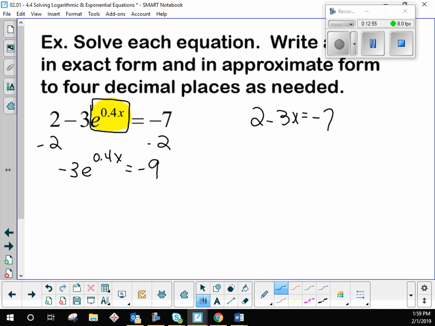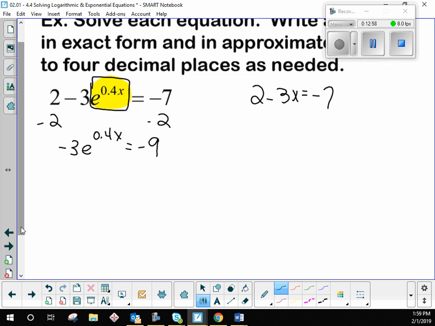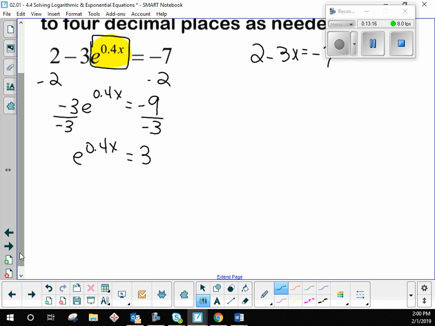Gives me this. We still don't care about the exponential crazy thing because we're just trying to get it by itself right now. What do I have to do next? Divide by -3. Bless you.